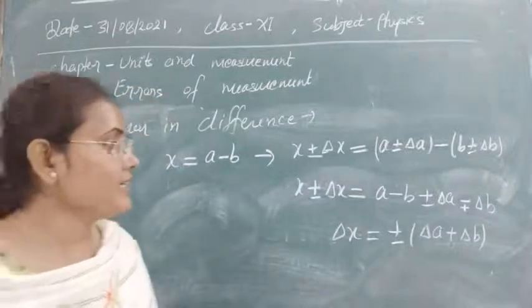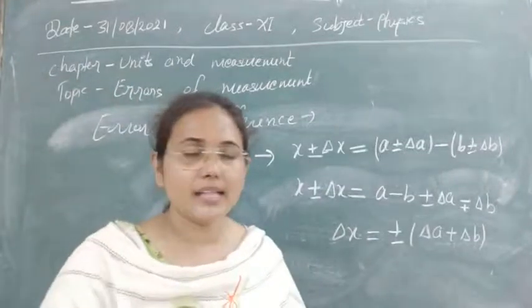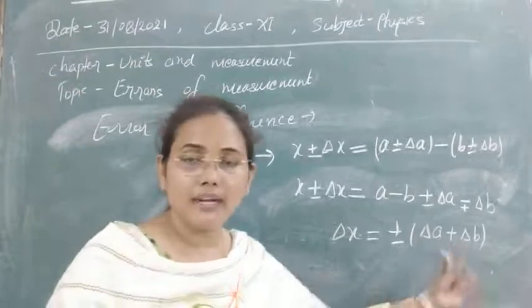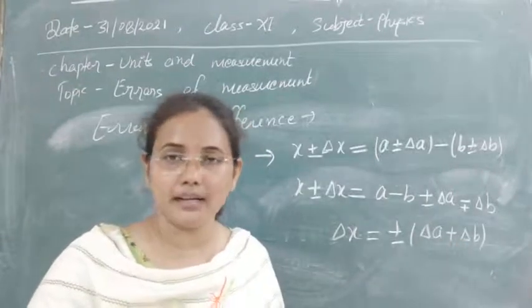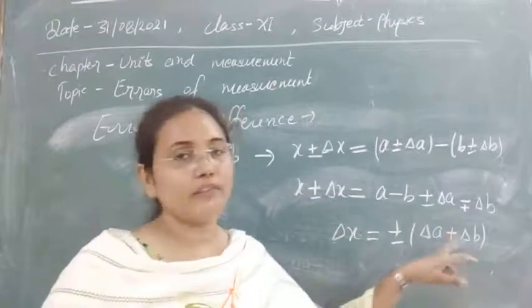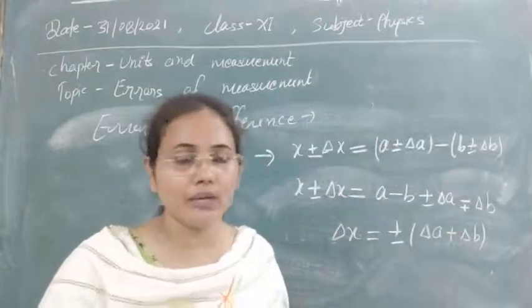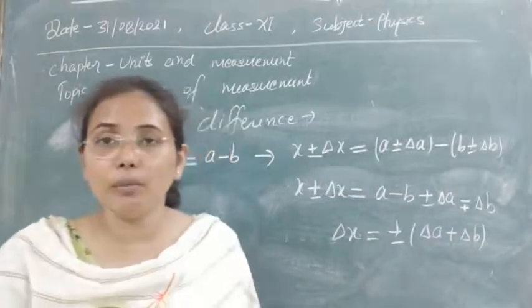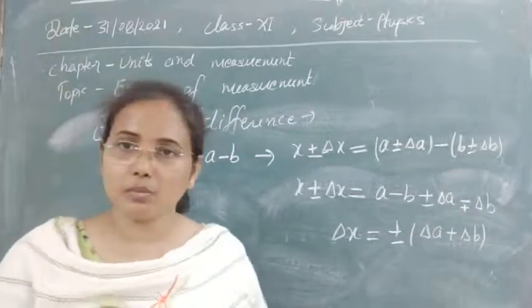So whether it is sum or difference, the errors are added, and that provides the maximum possible error in your device. If you take the difference, the minimum possible error might result, but your device can give you larger errors, so you have to take the maximum possible error here.